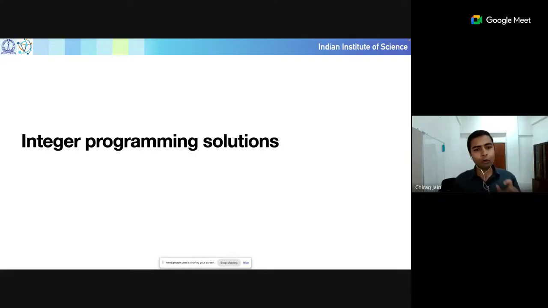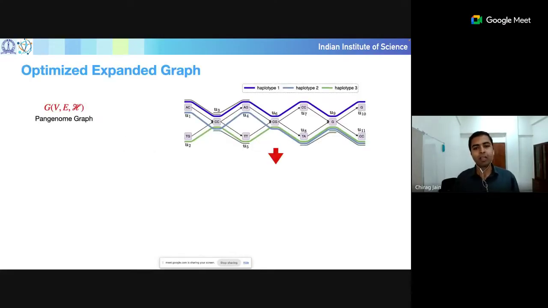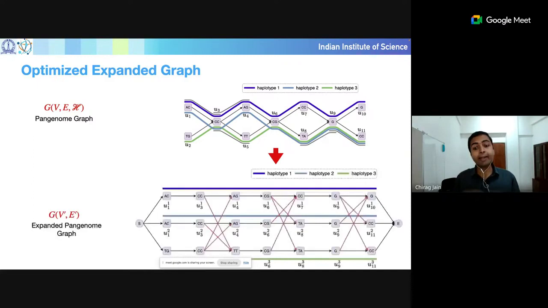So let me start with an overview of how this integer programming framework works. As a first step, for the given pangenome graph that we have as input, I'm going to create an expanded graph where I separate all the haplotypes from each other.